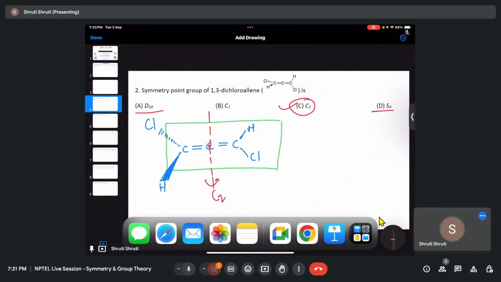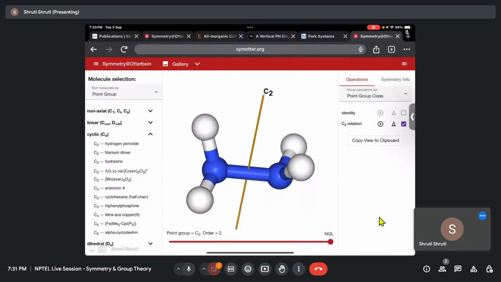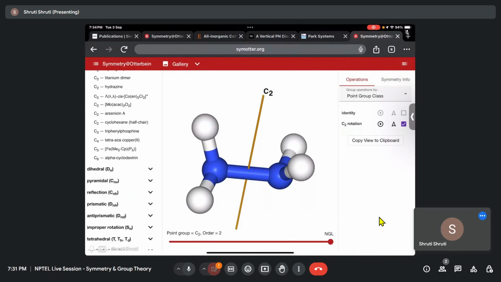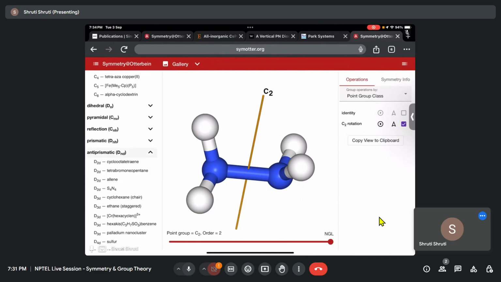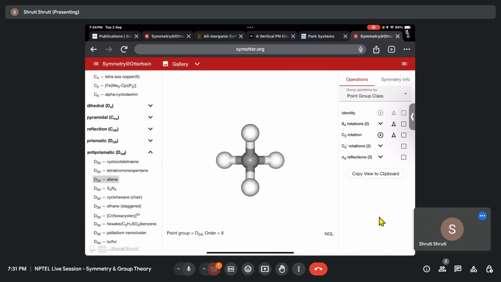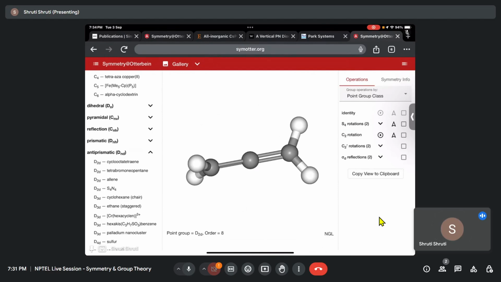Let me show you how D2d looks. Take the parent allene, which is symmetrical. All the bonds are symmetrical.